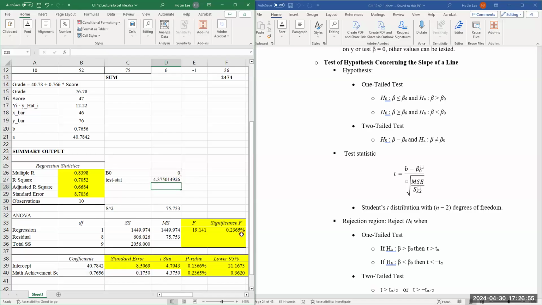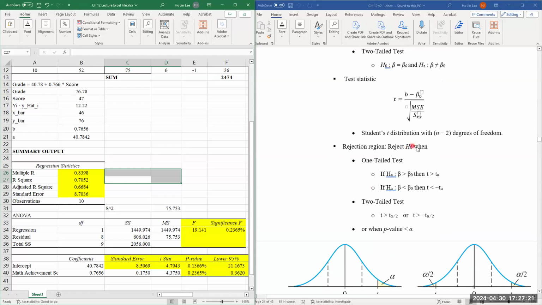It's 4.375 right there. So that's the test statistic when b naught is 0. This has a T distribution with n minus 2 degrees of freedom.